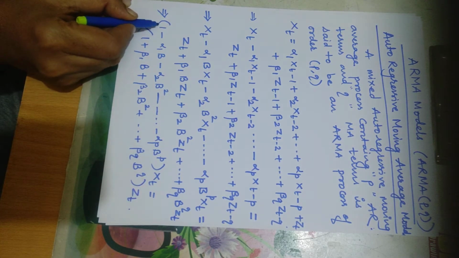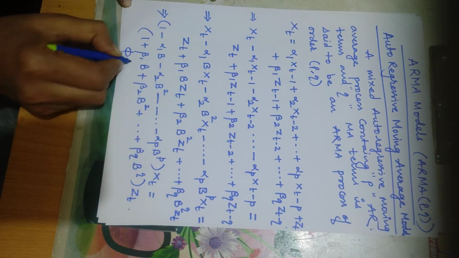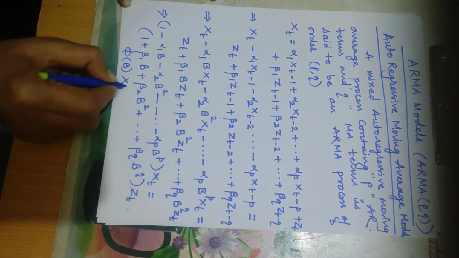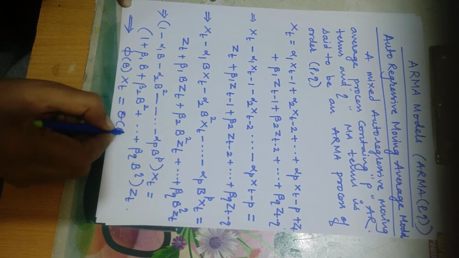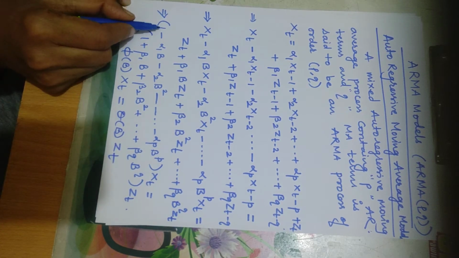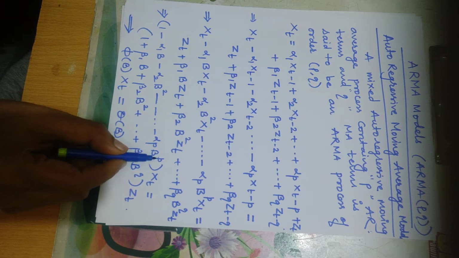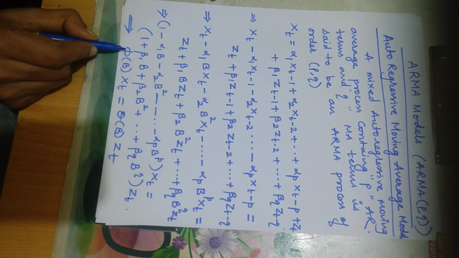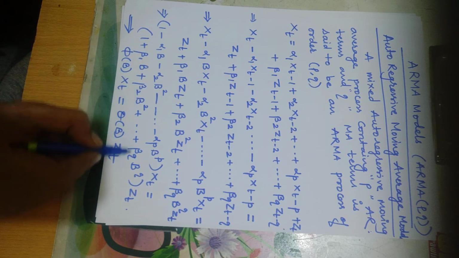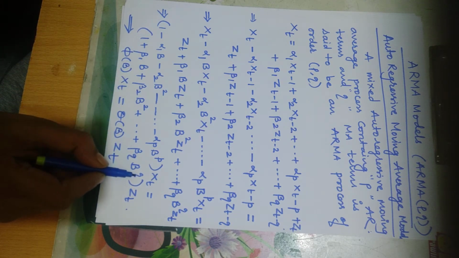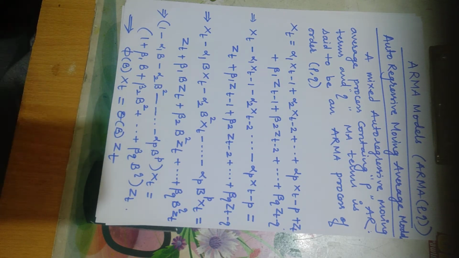Right? So this we will denote as phi of B operated on xt, which is equal to theta of B operated on zt. So 1 minus alpha 1 B minus alpha 2 B square dot minus alpha p B raised to p is a function of B. So we have written it as phi of B. Then 1 plus beta 1 B plus beta 2 B square plus dot beta q B raised to q is a function of B again. So this we have denoted as theta of B operated on zt.